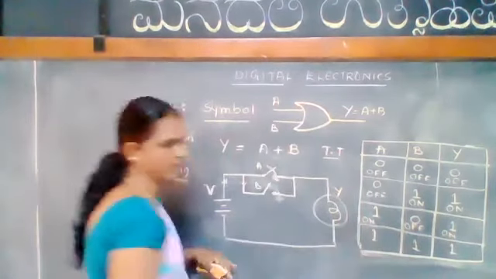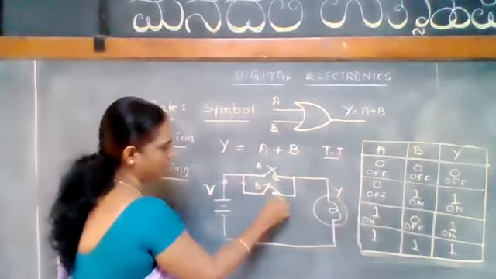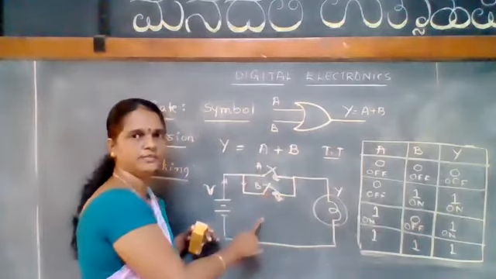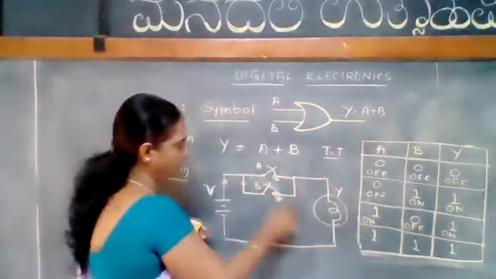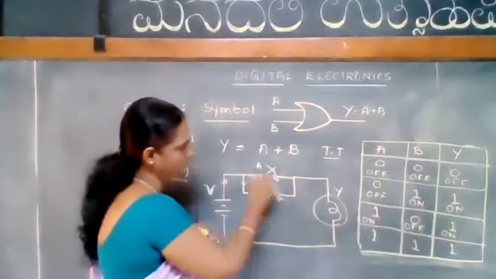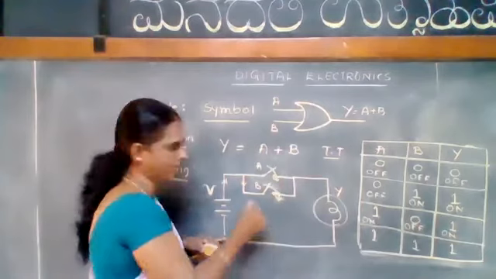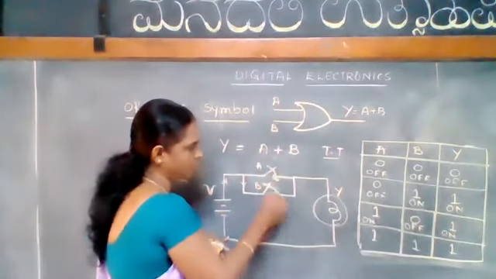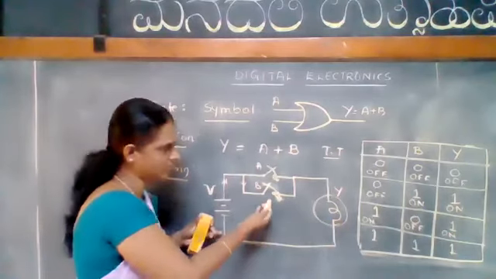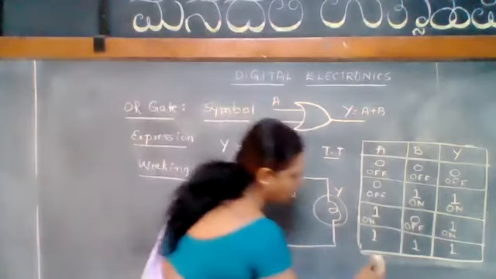The last case, the fourth case, what is happening? Both the switches are closed. A is closed, B is also closed. The current can flow through both the paths, either from here or from here. Since both are closed, the current has got a path to flow through the bulb, and the bulb goes on.